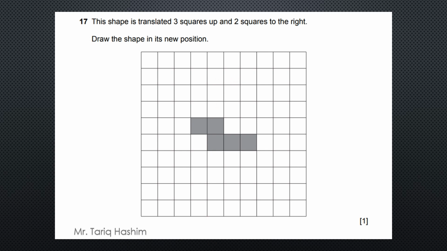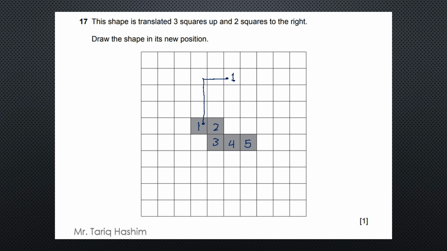So if we label the squares, we have numbers 1, 2, 3, 4, 5. So this square number 1, if we translate it, will be 1, 2, 3 squares up and 1, 2 squares to the right.